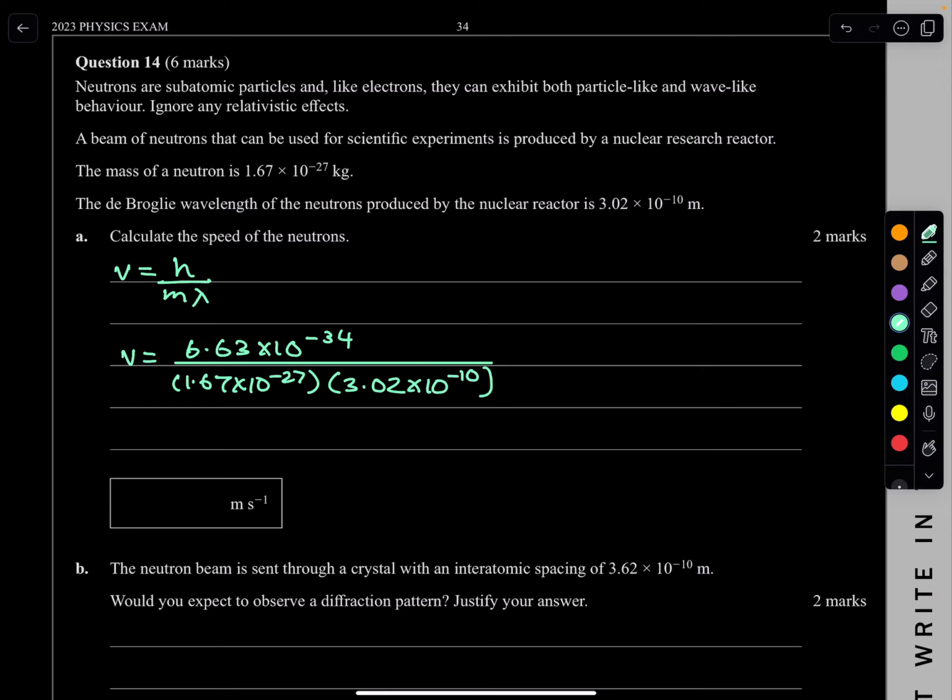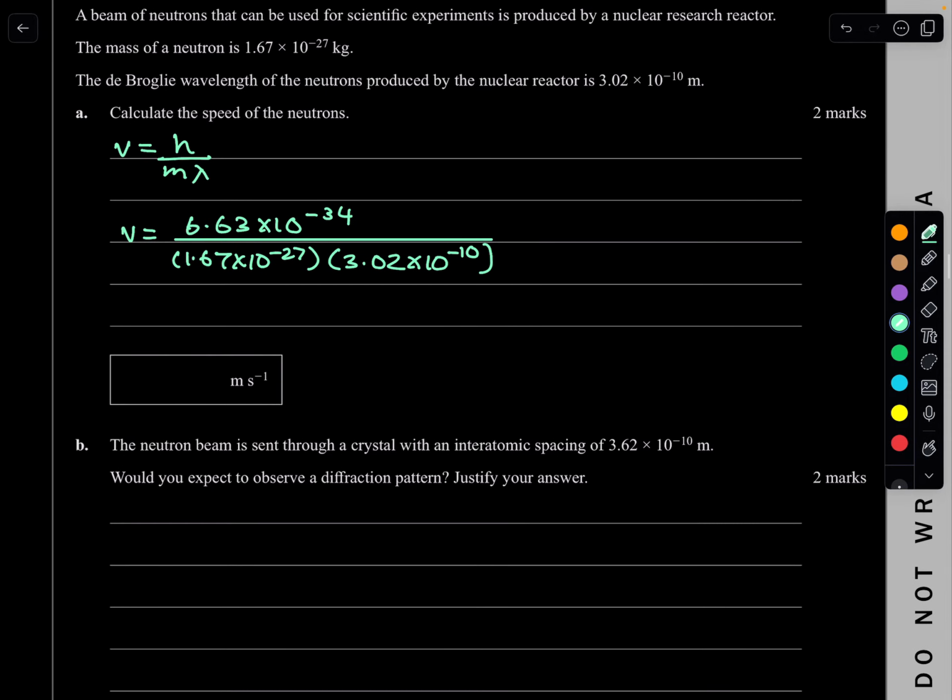Putting that into the calculator, I get 1.31 times 10 to the power of 3. Yep.